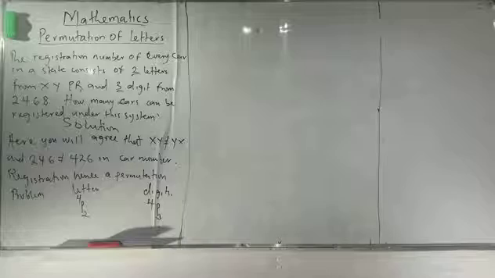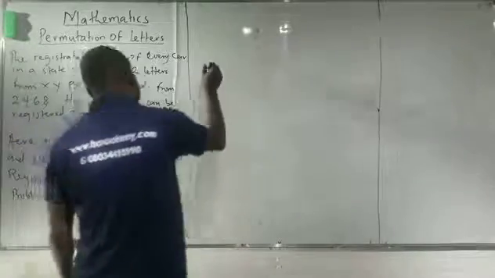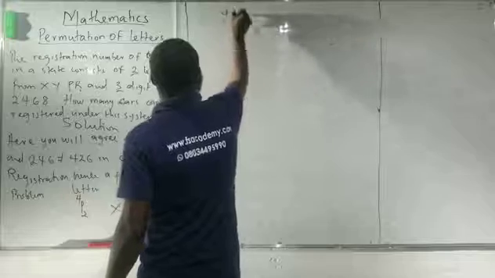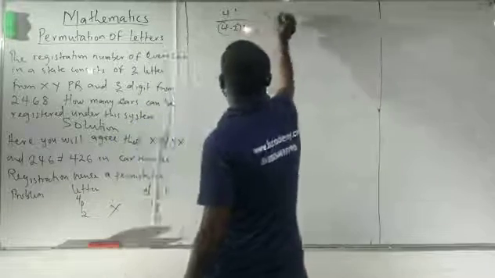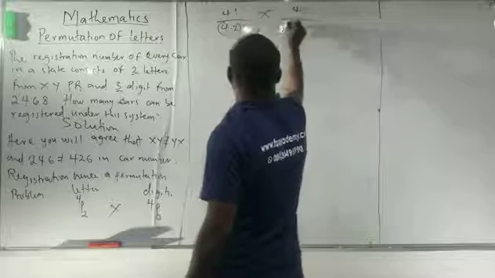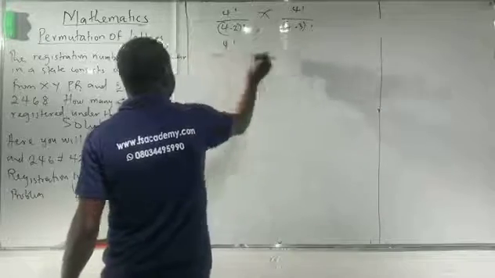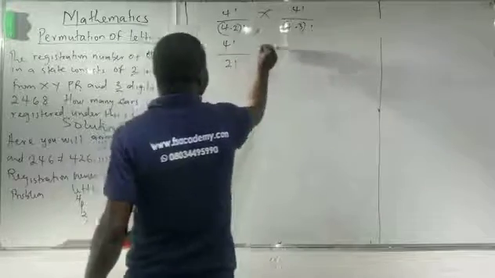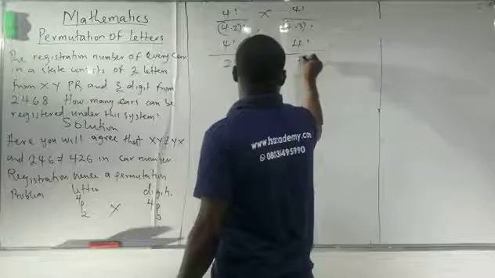Now, at this junction, don't forget that they will interact, so I'll be having 4 factorial divided by 4 minus 2 factorial, multiplied by 4 factorial divided by 4 minus 3 factorial. Now, 4 factorial divided by 2 factorial, multiplied by 4 factorial divided by 1 factorial.